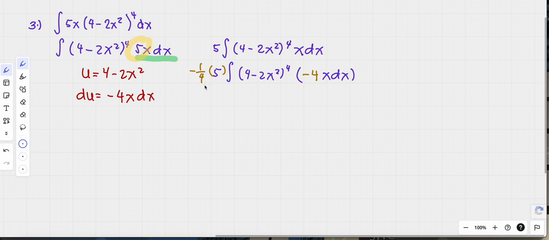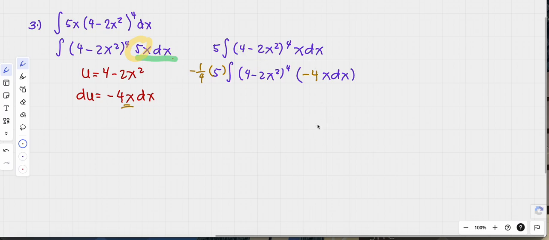Again, the basis for the neutralizing factor is your du, regardless of any other possible existing numerical coefficient. As you try to look at it, if you multiply all numerical coefficients, you will get the original, which is 5, because negative 4 times negative 1/4, you get 1. Then 1 times 5, so you can go back to your original integral.